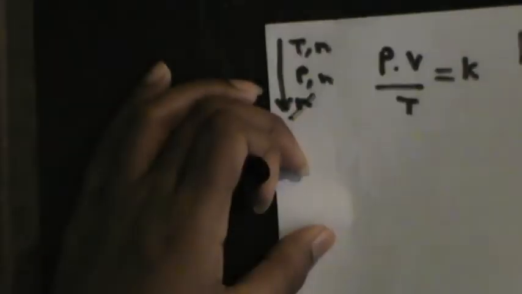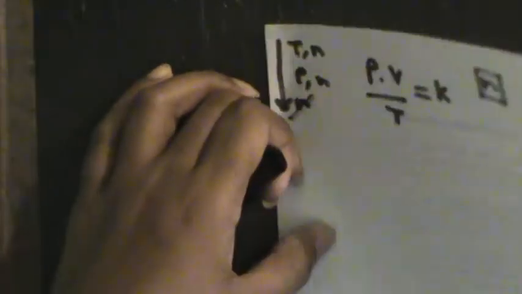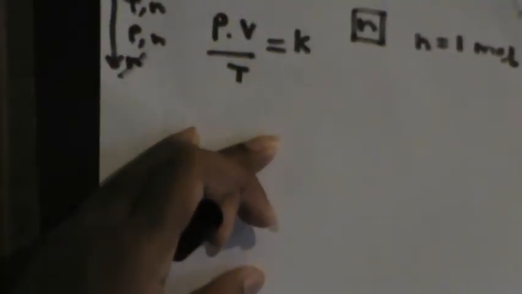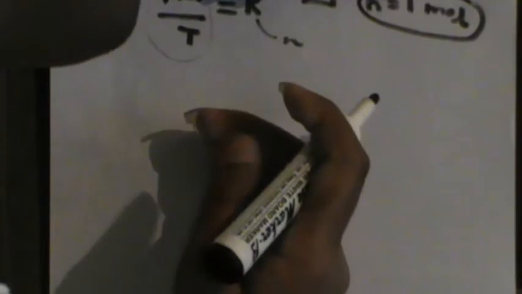Now I eliminate n as well, so that the number of moles, or the mass of the gas, is also changing. PV by T is a constant only for n equals 1 mole. PV by T depends on the value of n and on the characteristics of the gas used.